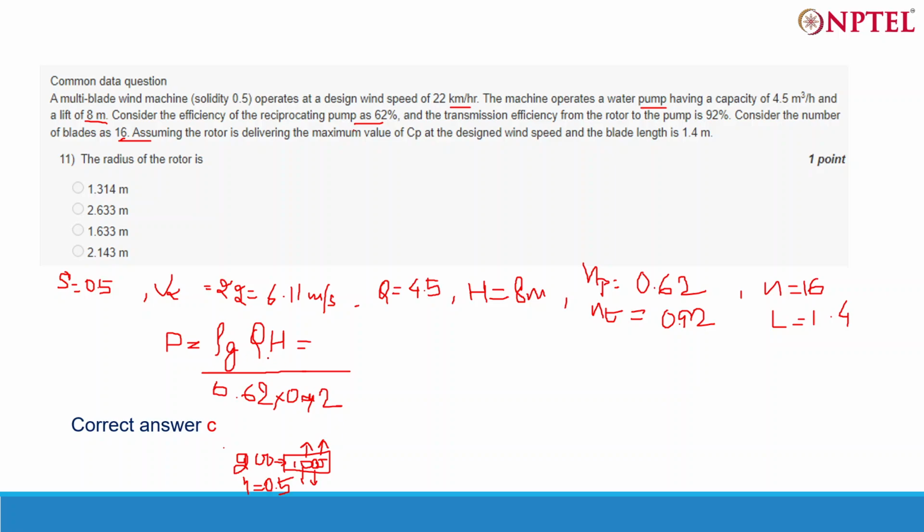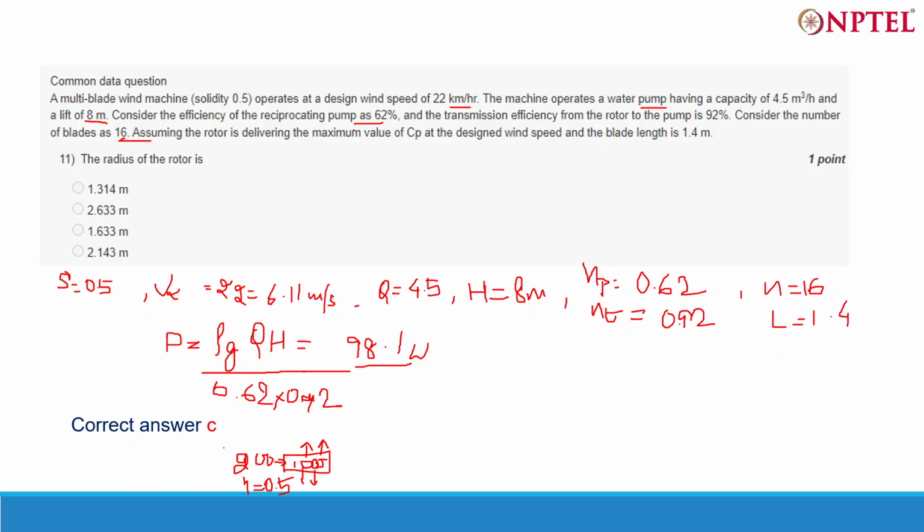So rho g h Q is the pump power, but because of the efficiency losses, we have to provide some extra power to cater for those losses. You can calculate rho g h Q to be 98.1 or something watt, and then divide it by 0.62 and 0.92.